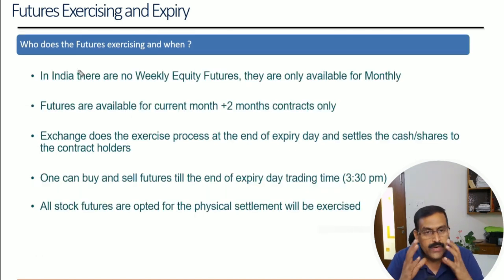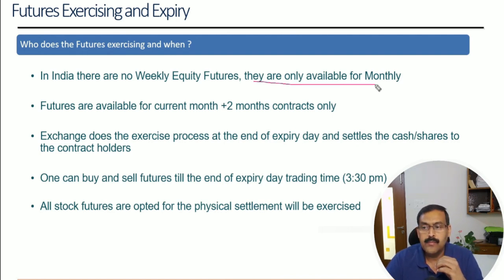Now coming to who does the futures exercising and when. First of all, there are no weekly futures expiries in the Indian equity market. Futures are available only in the monthly series, be it an index future or a stock future.